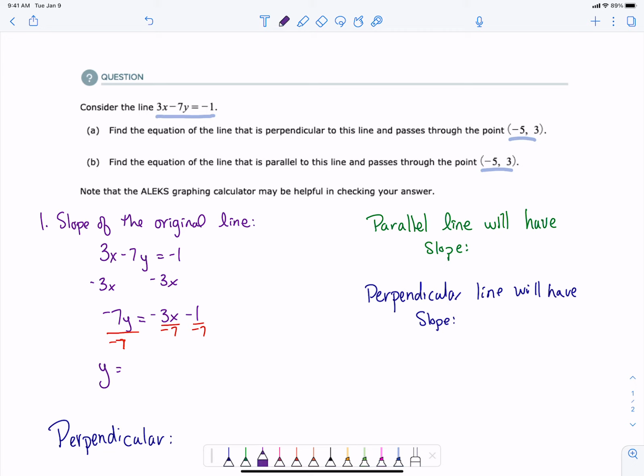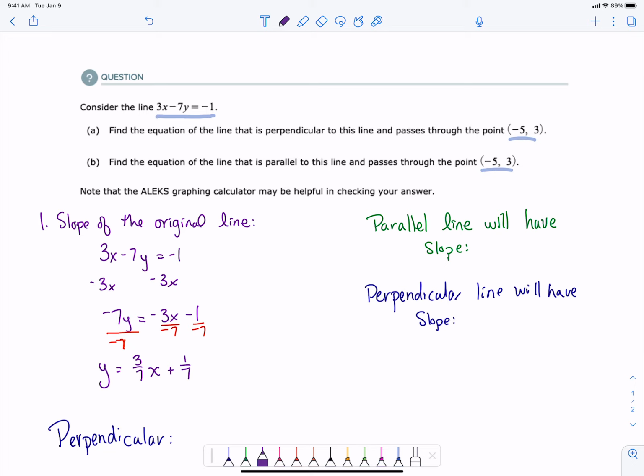So I'm going to get positive 3/7 x. Again, that's positive because we've got a -3 divided by a -7. Those together make a positive answer, and we can write that 3/7 out in front of our x. And then we've got a -1 divided by a -7, so that's also going to be a positive 1/7. So here's our original line, and its original slope is 3/7.